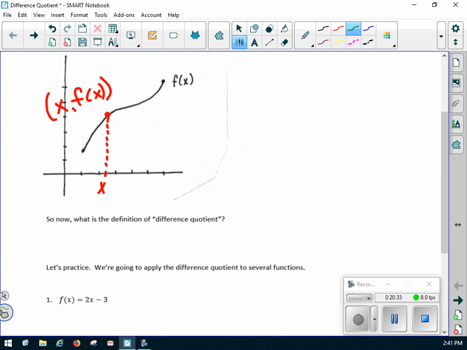Now, I'm going to go over some. How far? h far. And I've got another x value. What's that x value? No, hang on. The x value is x plus h.